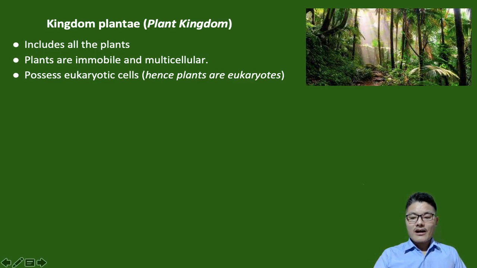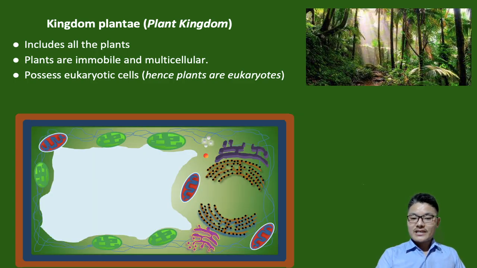Now what is eukaryotic cell? Plants are containing eukaryotic cell, and what exactly is eukaryotic cell? Now as you can see here, the plant cell is occupied mainly by a large vacuole at the center, and at the corner we have nucleus of plant cell.